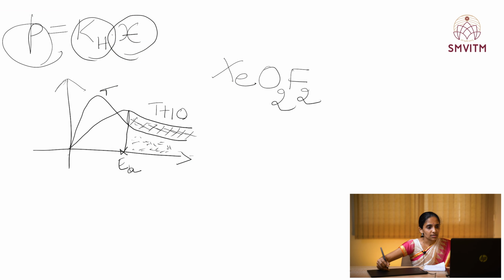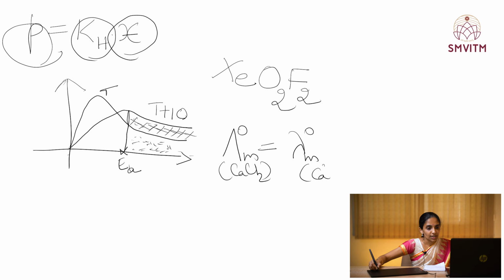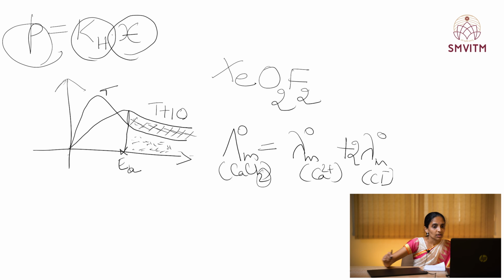The formula is lambda m naught for calcium chloride is equal to small lambda m naught for Ca2 plus plus 2 times small lambda m naught for Cl minus. There are two Cl minus ions, hence here a 2. So, making use of this formula, you can solve the problem.